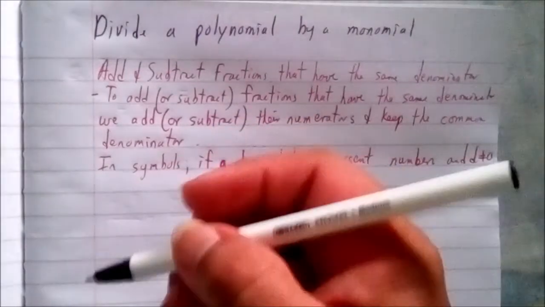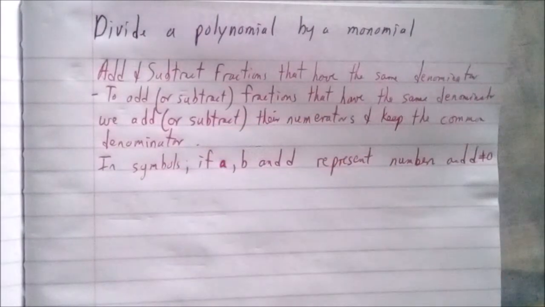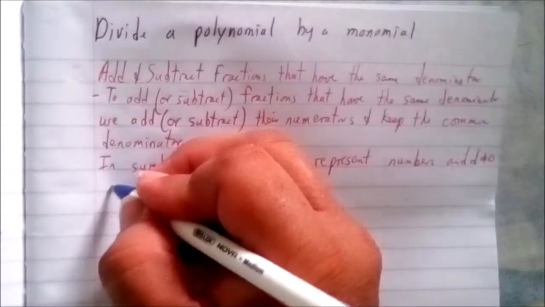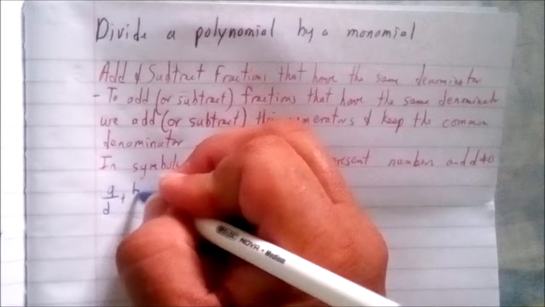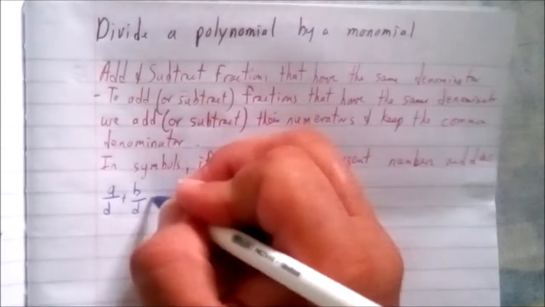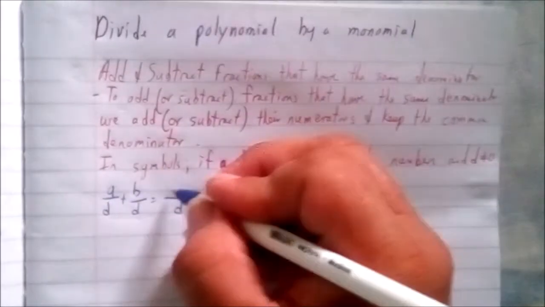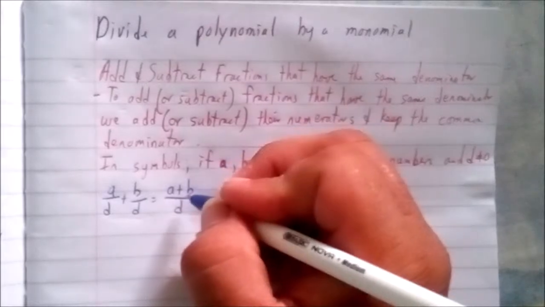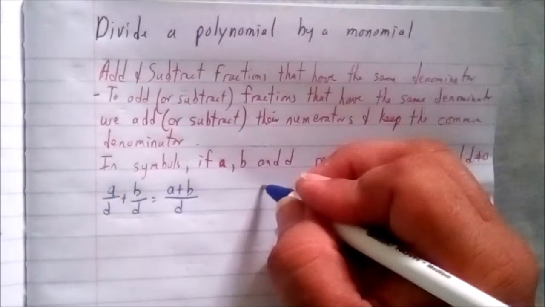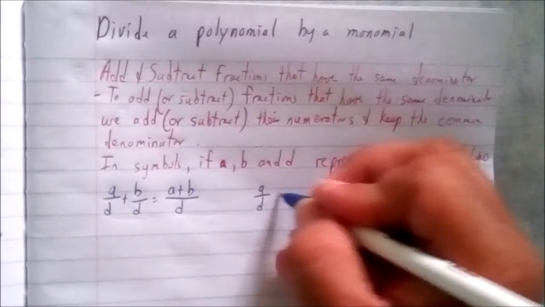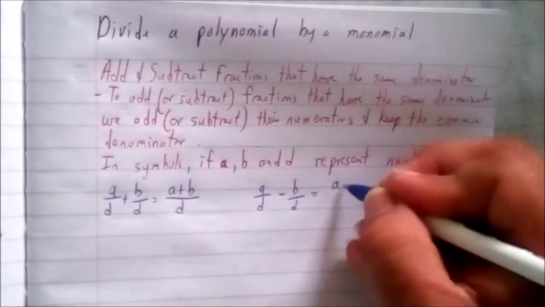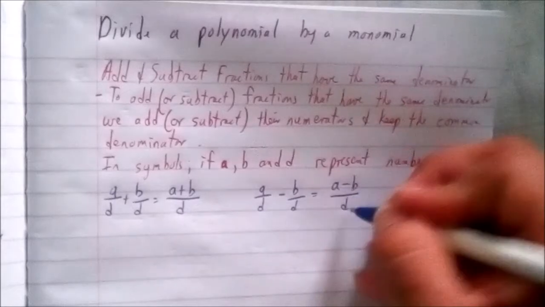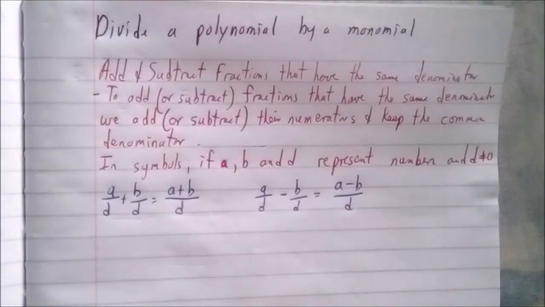Let me do that in blue. a over d plus b over d, we keep the d and simply say a plus b over d, and a over d minus b over d is a minus b over d. That's all that is saying.